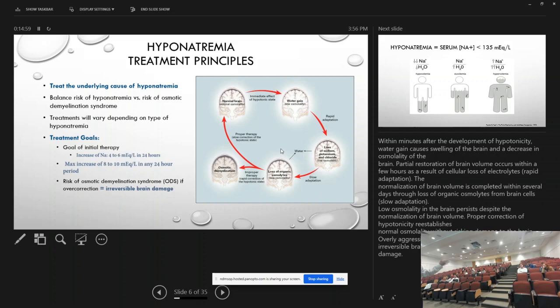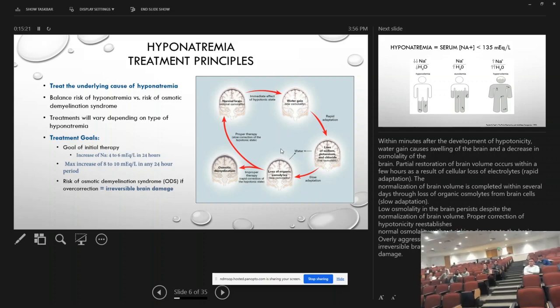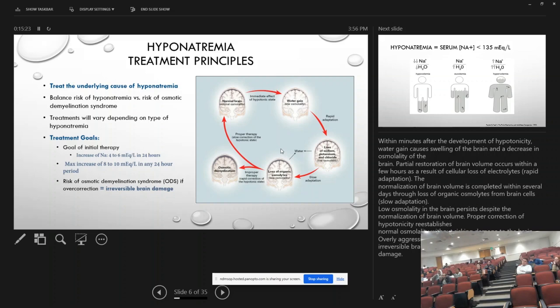If it happens chronically, you're not going to have as much going on, but you're still going to have some cerebral edema. Does that help? It's because of that concentration gradient. You have a low sodium level in your blood, in your interstitial space, but in the brain, it's going to be closer to normal. And so water is going to go from that low gradient to the high gradient.